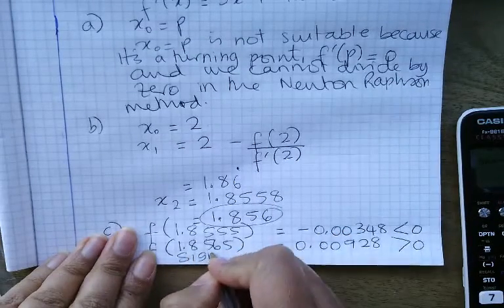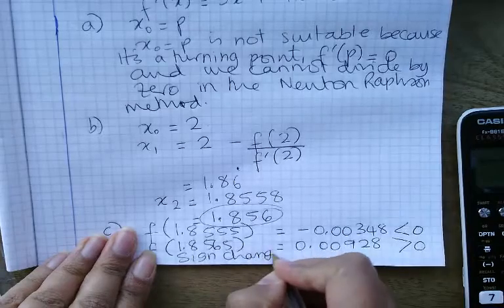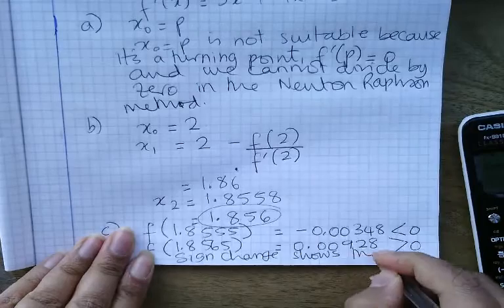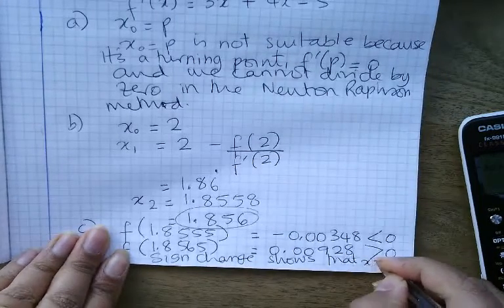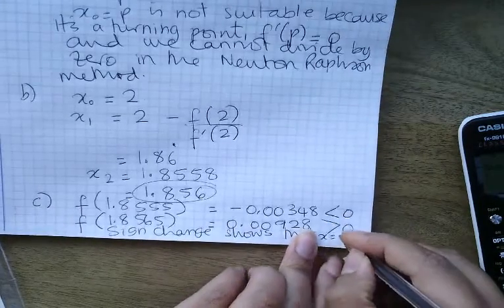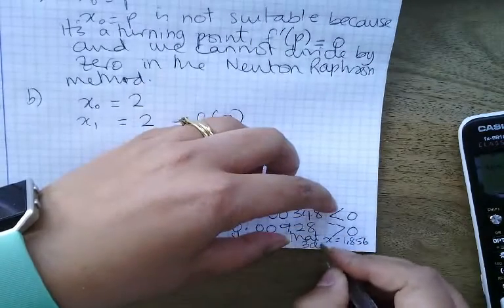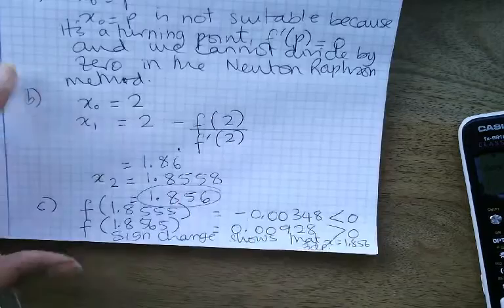Or we can just say sign change shows that x is equal to 1.856, correct to 3 decimal places.